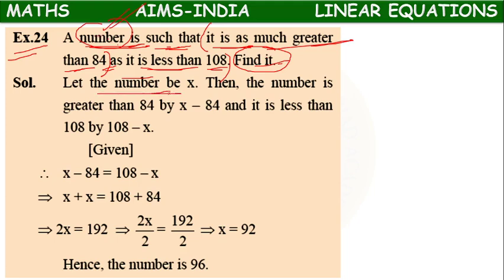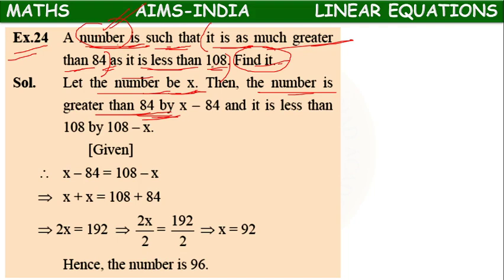So let the number be x. That unknown quantity we can assume as x. Then the number is greater than 84, and it is less than 108.